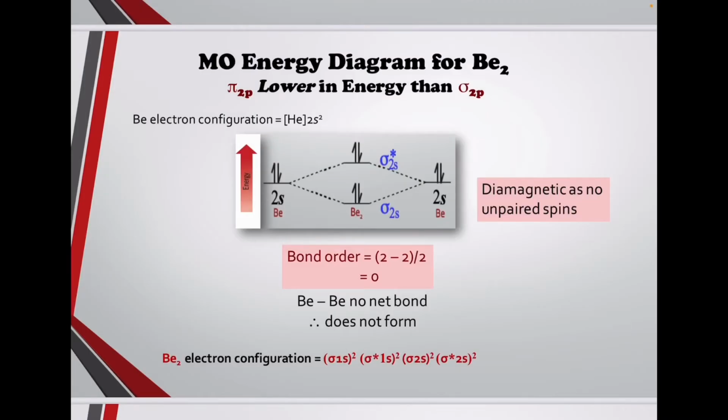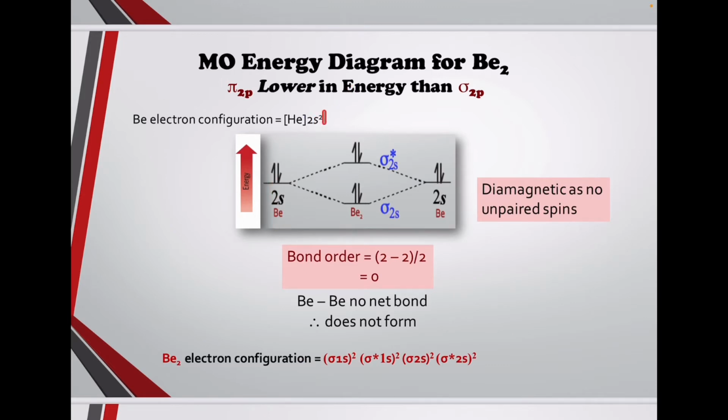Molecular orbital energy diagram for Be2. Pi 2p lower in energy than sigma 2p. Beryllium electron configuration equal to helium 1s2, and this is the 2s2 for the valence electron. So this is the orbital diagram for the molecular orbital Be2 here, and this is the orbital of Be.